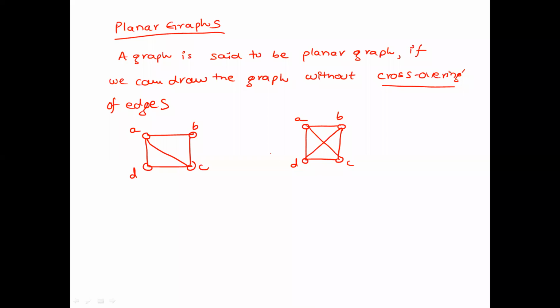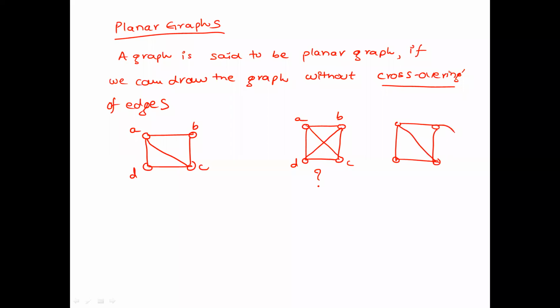We can draw a graph. The point here is, of course, I have drawn something like this, but can you draw the same graph without crossovering of edges? Is it possible? That is the point. Yes, this graph can be drawn. So even this graph is also a planar graph.